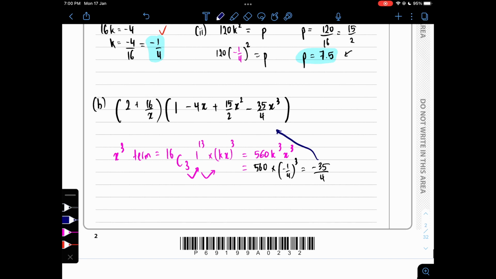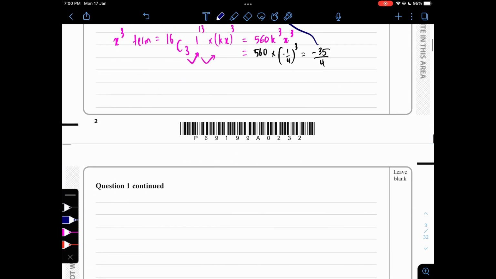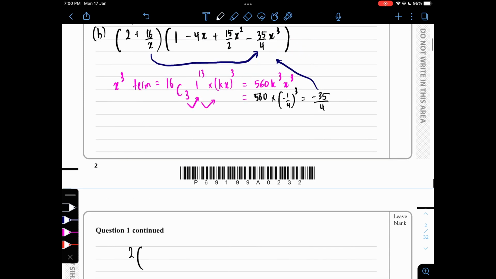And what are we interested in? 2 times 15 over 2x squared and 16 over x times minus 35 over 4x cubed. So let's just do that then. So that would be 2 times what? 15 over 2.